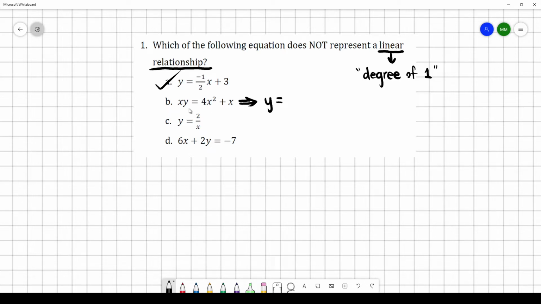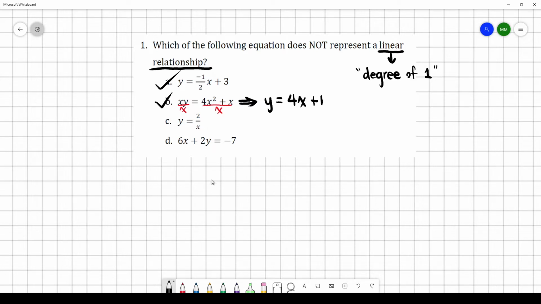If we divide by x on both sides, what do we get? On the left side, y divided by x is y over x. On the right side, x squared divided by x is just x. So you get 4x plus x divided by x is 1. So this is actually also a linear relationship.